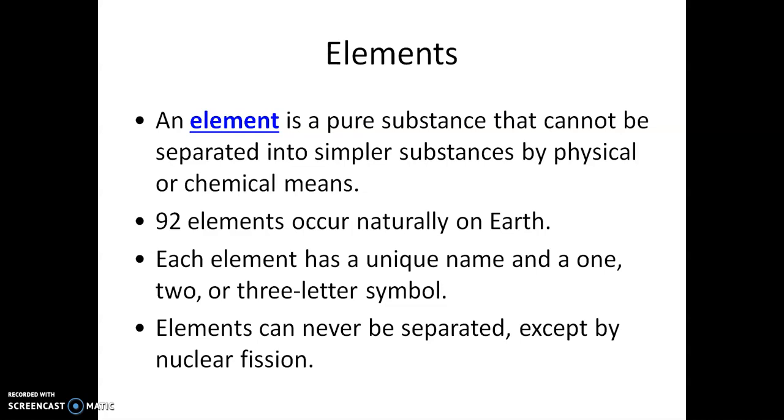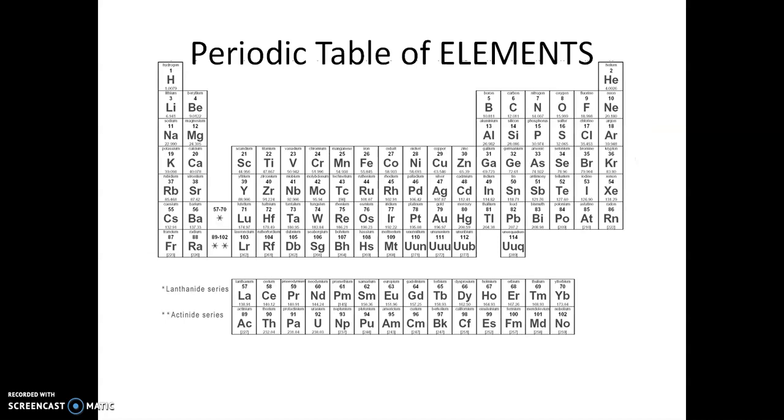This is very important because we're going to say that a lot. You know, elements can't be separated, elements can't be separated. They can. It's just with nuclear fission, and we're talking about physical and chemical stuff right now.